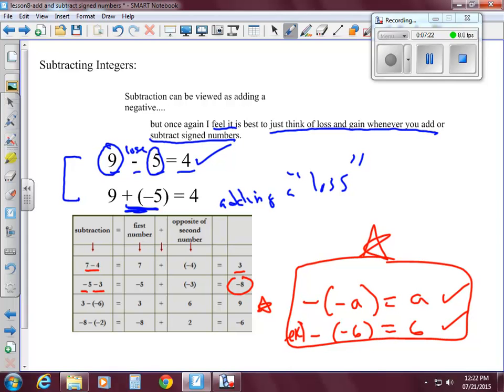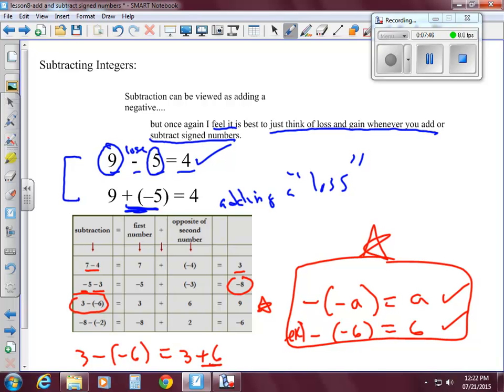So be careful when you're doing problems such as this one. When you say 3 minus negative 6, that double negative really is going to take you to 3 plus 6. It really means minus a negative, it's kind of like the opposite of negative 6. It's going to bring you back to 6.